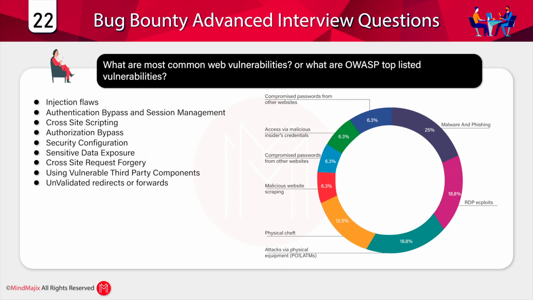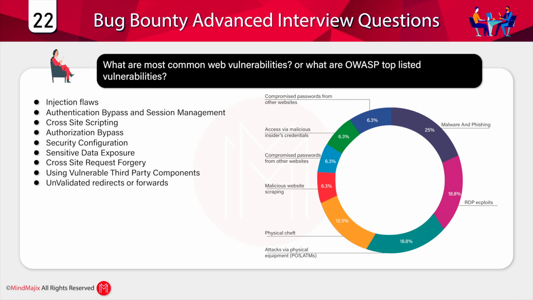Okay, mostly the common vulnerabilities they are going to ask you about are the OWASP top 10 vulnerabilities. The OWASP top 10 vulnerabilities start with injection flaws. In these injection flaws, we get into SQL injections, authentication bypass, HTML injections, host header attacks.